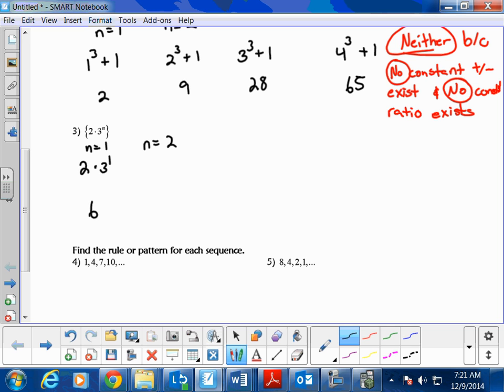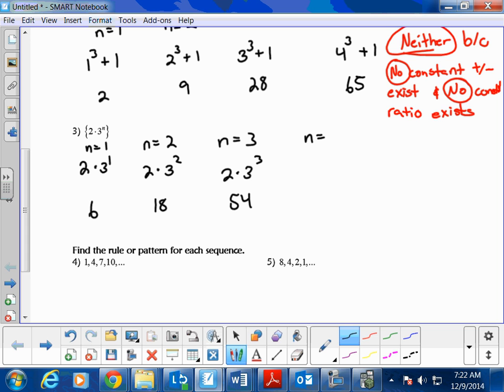N equal to 2: 2 times 3 squared, which means 9, which means I have 18. N equal to 3: 2 times 3 cubed, which means 27 times 2, which is 54.